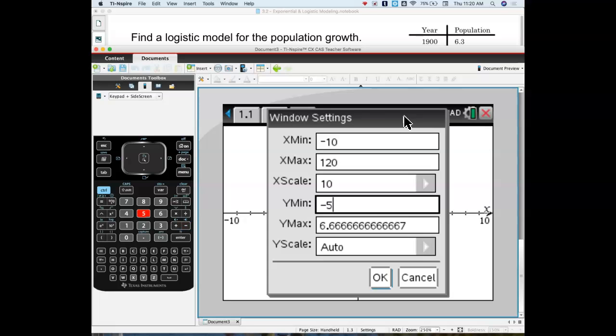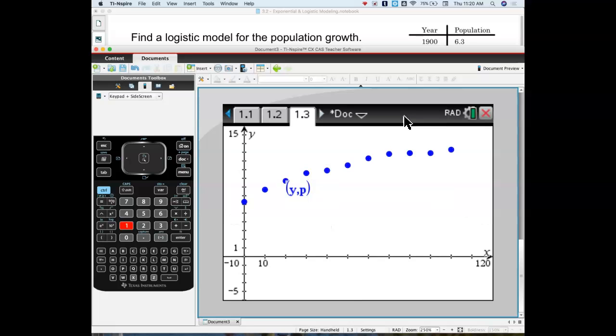I'm going to go to -5 though, because I like to see my axes, and 15. I'll go by 1s there. And there's my scatter plot. Now, mathematically, we'll come back to that.